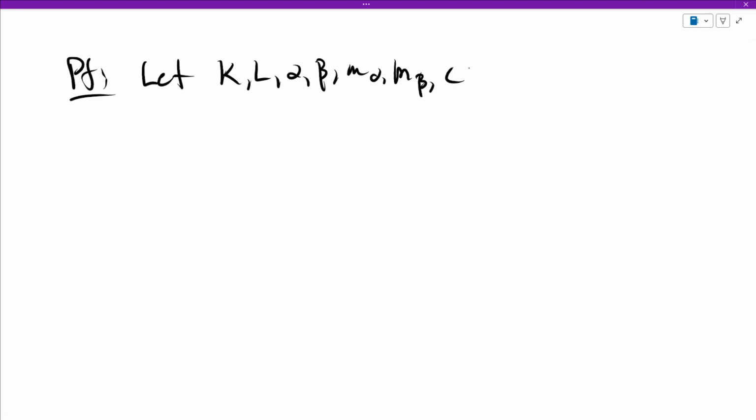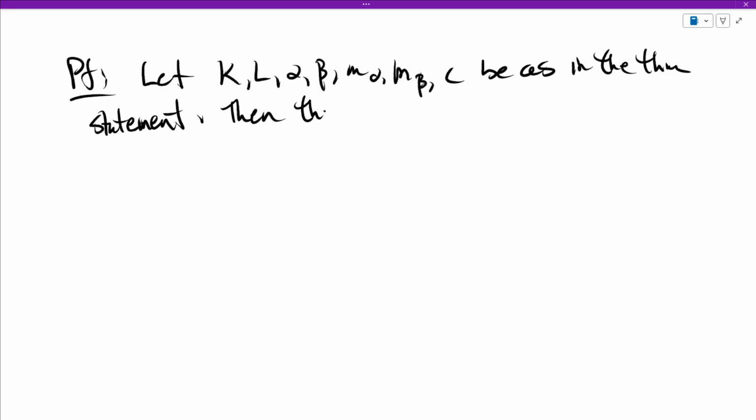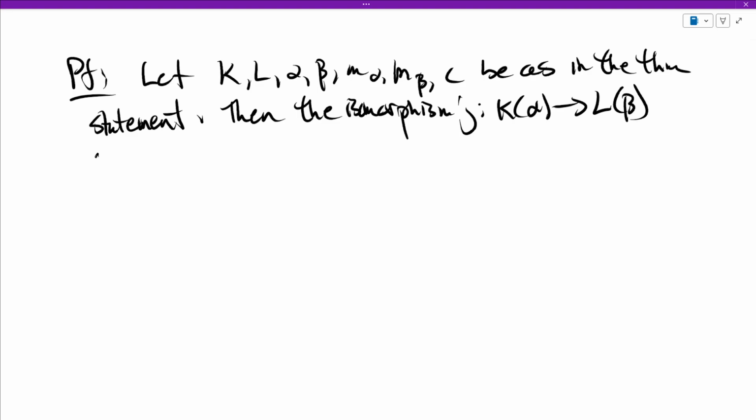So let's let K, L, alpha, beta, M alpha, M beta, iota be as in the problem statement. All right. Then the isomorphism J from K adjoin alpha to L adjoin beta can be found as follows.